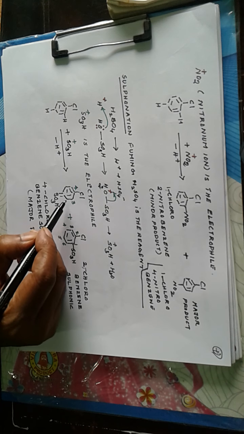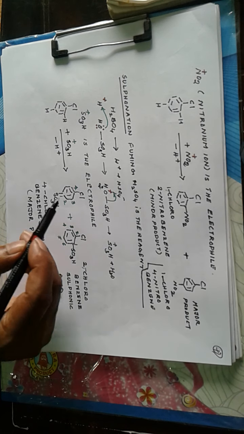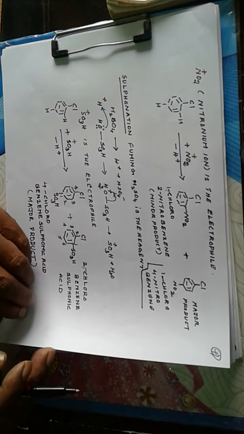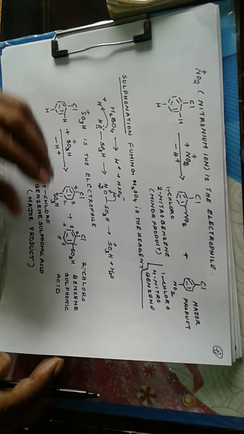So in the IUPAC system, higher preference is given to the SO3H group. So when we start numbering from here, 1, 2, 3, 4, it is 4-chlorobenzene sulfonic acid, and then we get the ortho isomer, that is 2-chlorobenzene sulfonic acid. There again the 4-chloro derivative is the major product.